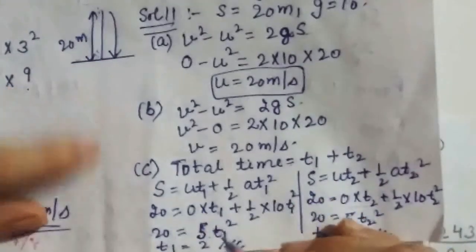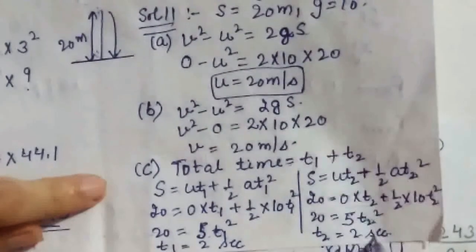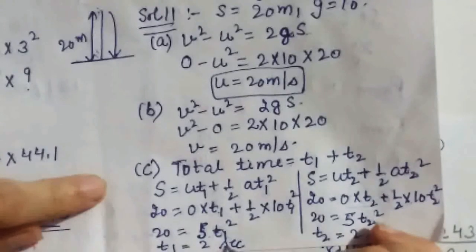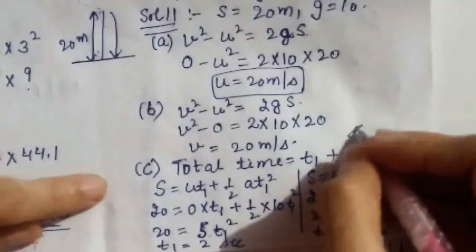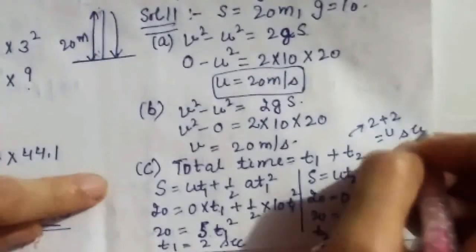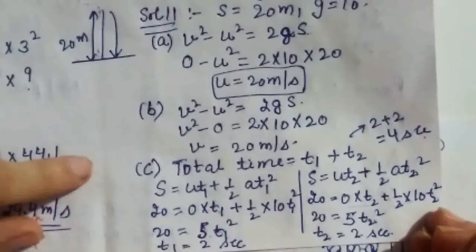So T1 becomes 2 second and T2 becomes 2 second. You have to calculate the total time. Put the values of T1 and T2 in this equation. Now we get 2 plus 2 is equal to 4 second. That is your total time. Clear, student?